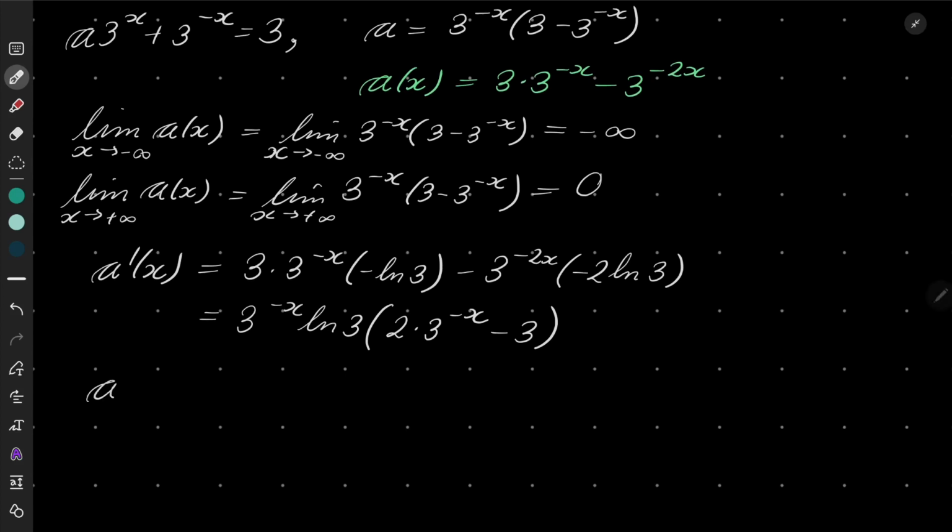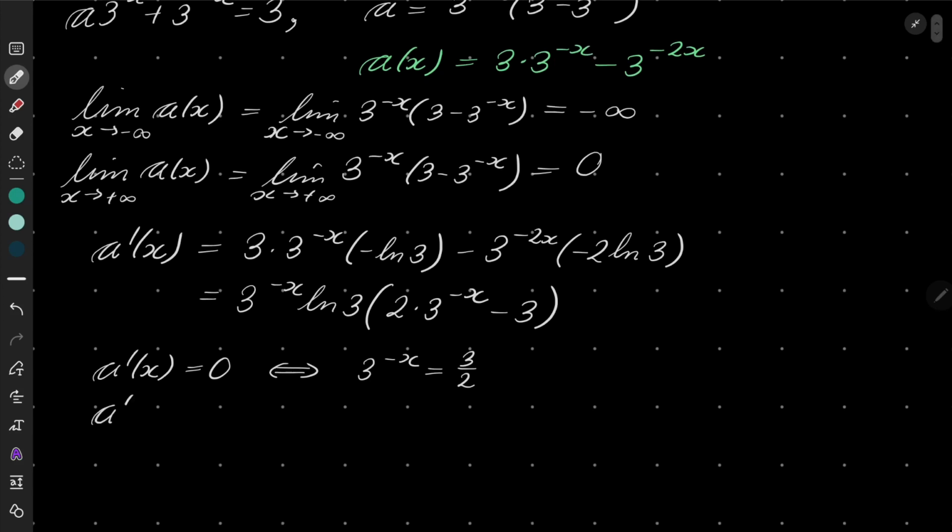So when is the derivative 0? A prime of x equals 0 if and only if 3 to the power minus x equals 3 over 2, so maybe I will write it, x equals minus the base-3 logarithm of 3 over 2.